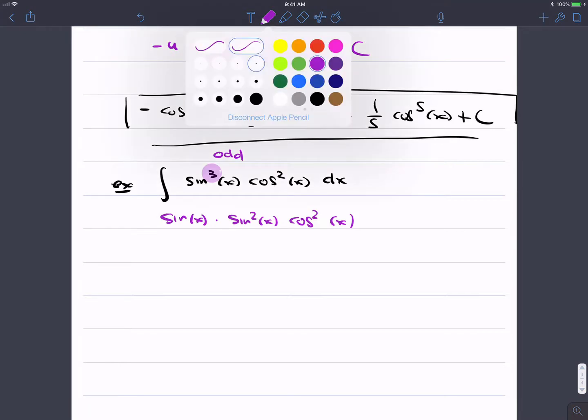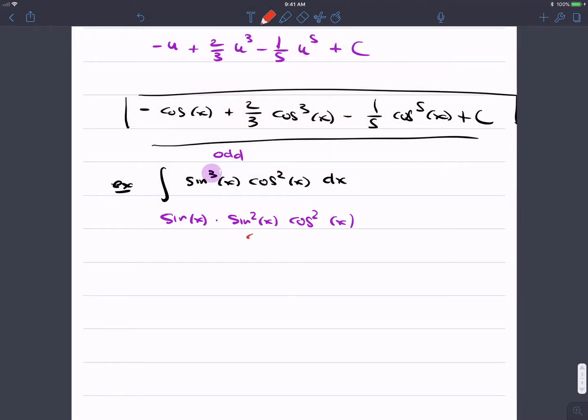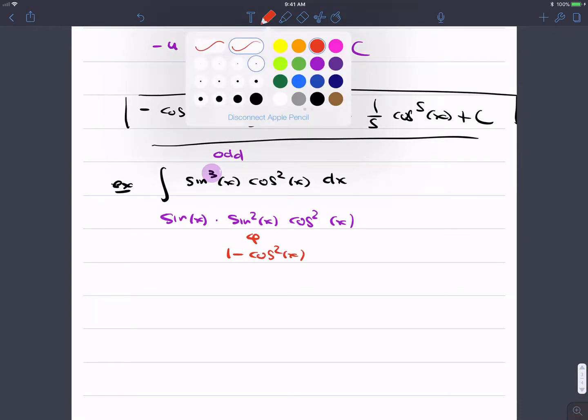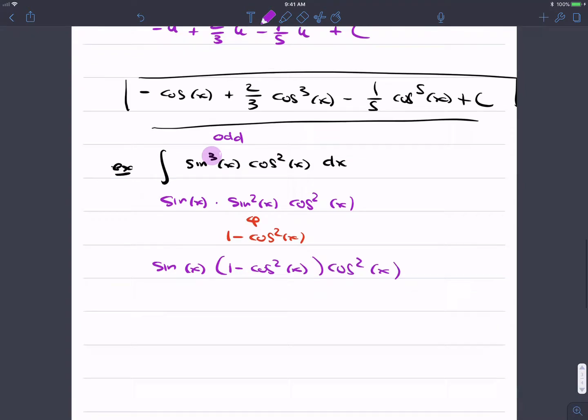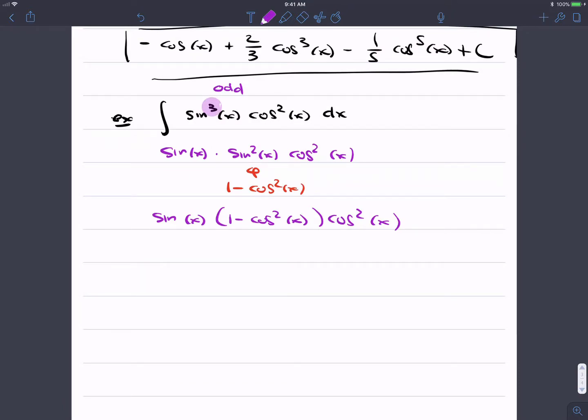Now, for sine squared, we're going to use the Pythagorean identity, 1 minus cosine squared. So altogether, we get sine times 1 minus cosine squared, times cosine squared.